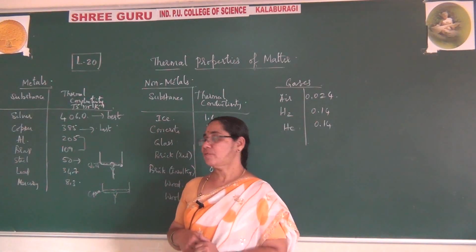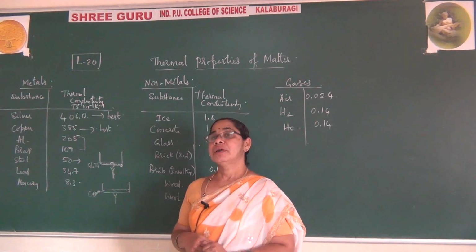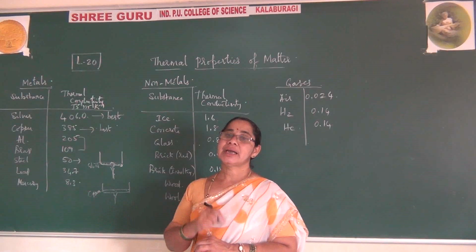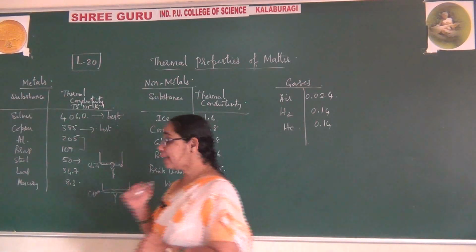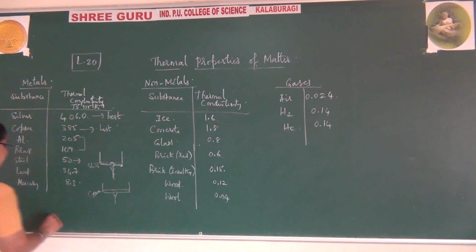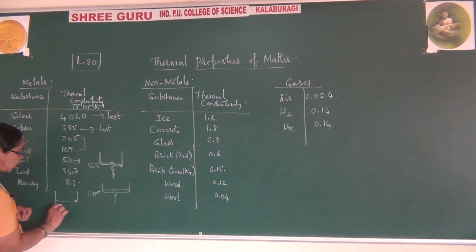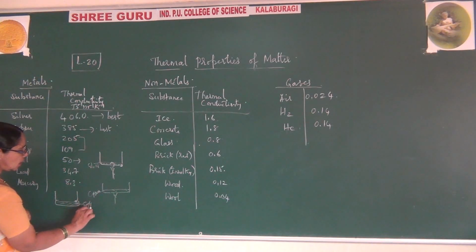But to avoid this, what we do is take copper along with nickel and mix it in one layer of the vessel. This steel is mixed with some nickel, and at the bottom of this steel vessel, one layer of copper is taken.